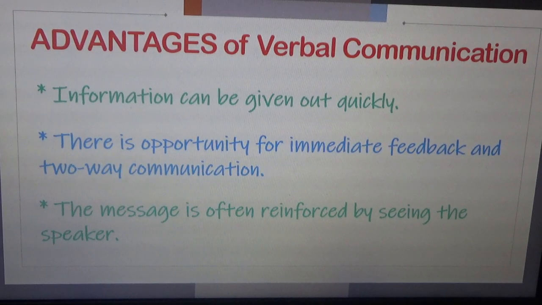And another point is the message is often reinforced by seeing the speaker. Here the body language of the speaker, how they stand and their facial expressions can help to put the message across effectively. This of course does not apply to telephone conversations.